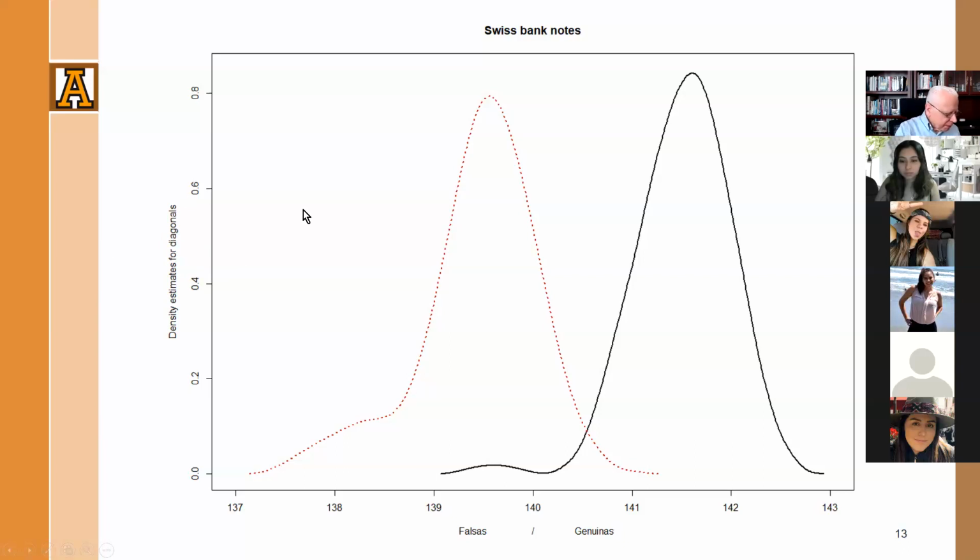So if the bill, let me make a drawing here. This is the note. Every bill, every note in the Swiss bank, as happens with the Mexican bills that we use, has an inner frame. I'm going to put it in a different color here.